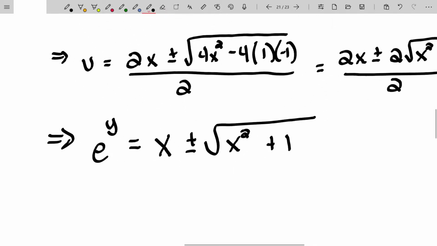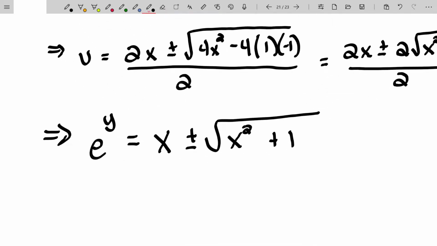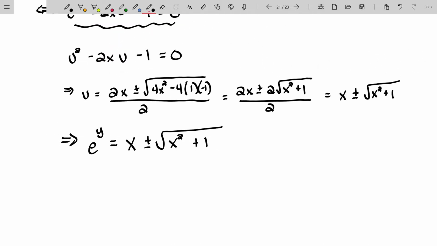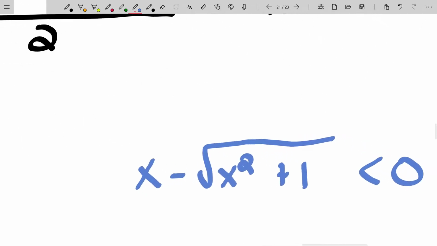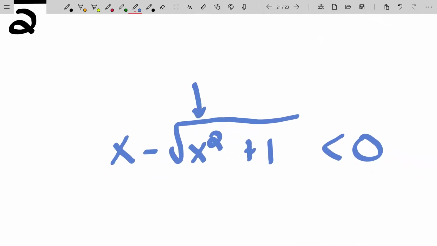Now I do want to mention something before we continue. The x plus is not going to be an issue. However, x minus is going to be an issue. X minus the square root of x squared plus 1 is actually negative. It's because the square root of x squared, that piece right there, is already x, and then you're adding more to it.